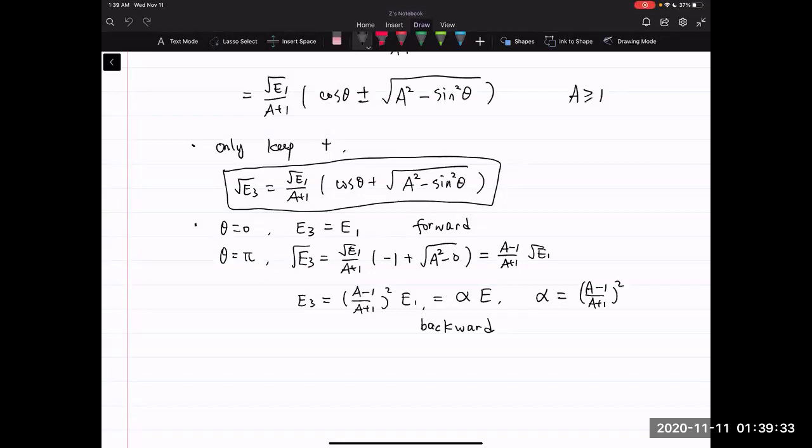If we know theta has a uniform distribution, then we can find out the distribution of the scattered neutron E3, and that is what we really care about. Because this process is intrinsically quantum mechanical, when you send a neutron towards a target, it can be detected in any direction. Overall, it is described by the wave function.